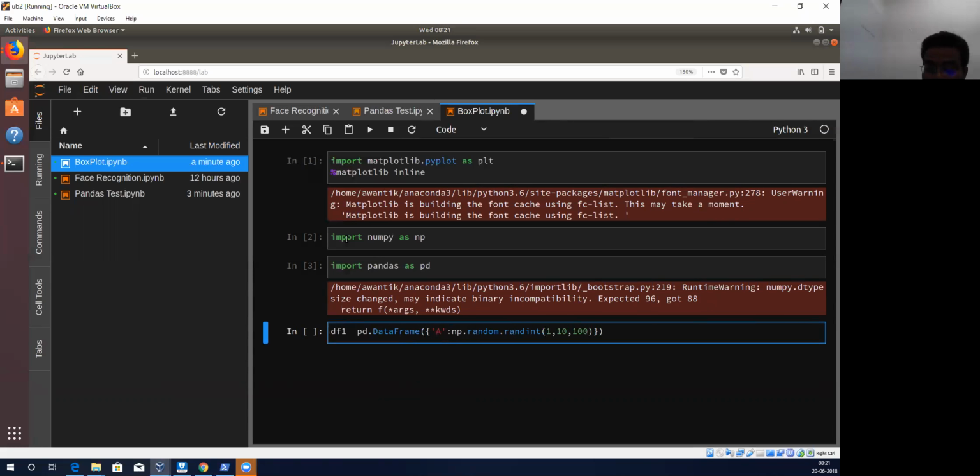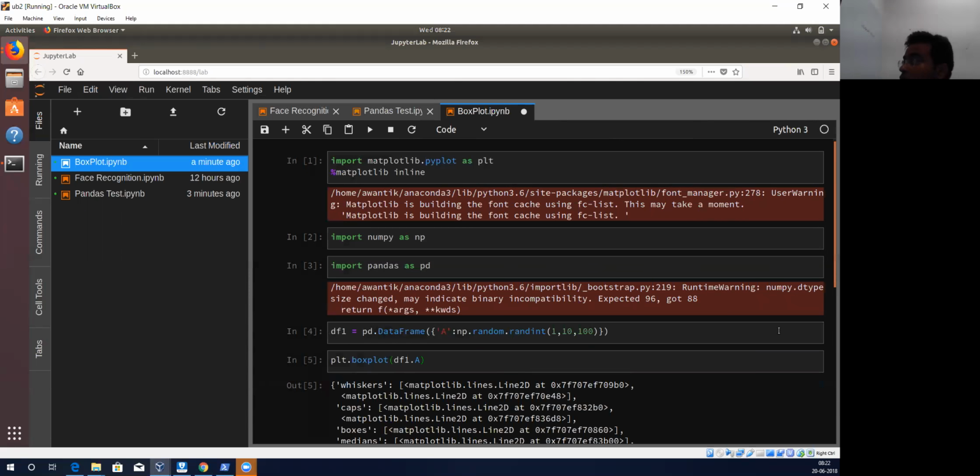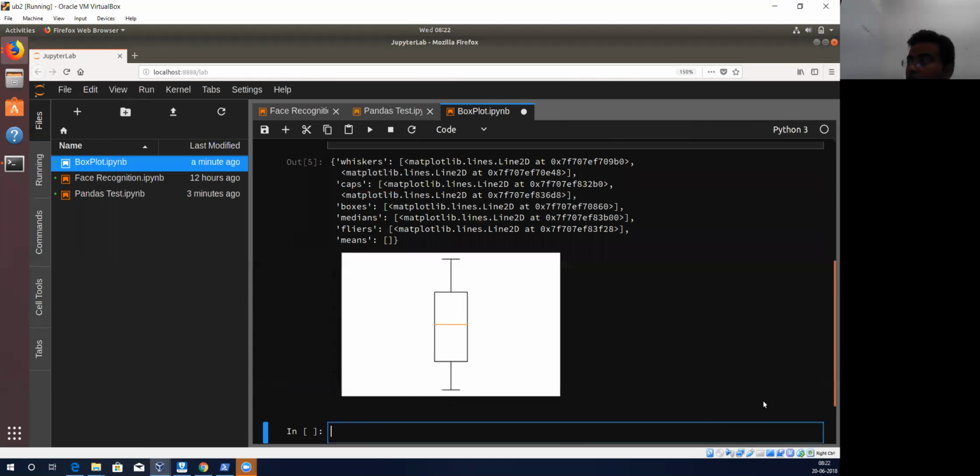df1. So if you have to do box plot, df1 dot plot box, and you can see this box plot coming into picture. Got it, right? This is telling you this is the lowest value, this is the highest, and the rest of the numbers here.